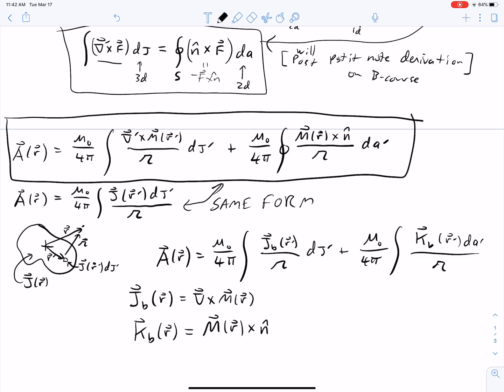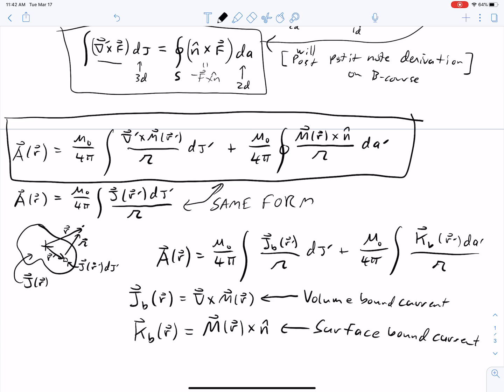And so we've derived these two new quantities. I'll call this the volume bound current, and here this is called the surface bound current.